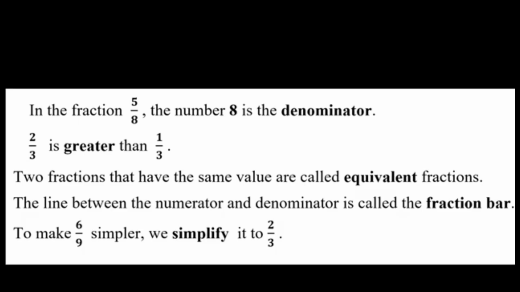The line between the numerator and denominator is called the fraction bar. To make 6/9 simpler, we simplify it to 2/3.